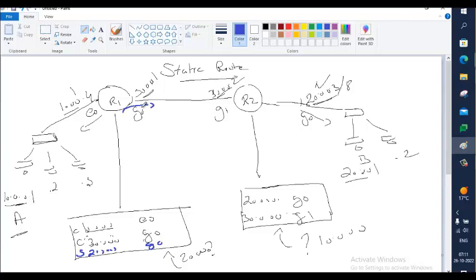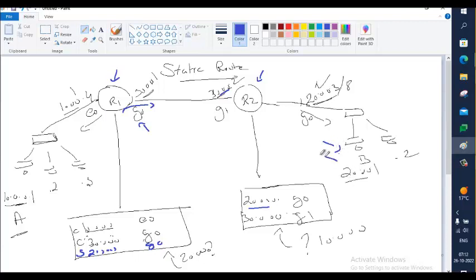Before sending, the router will put this interface's MAC address as the source, and router 1 knows my gateway is 30.0.0.2. So it puts the MAC address of router 2 and sends the packet this way. The packet comes here and you see there is 20, so the packet gets delivered to B.